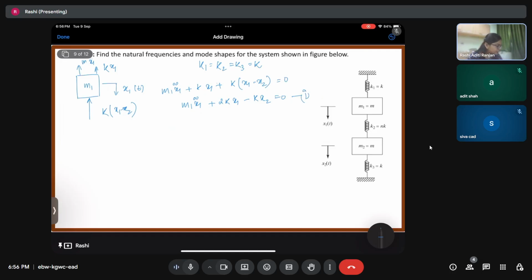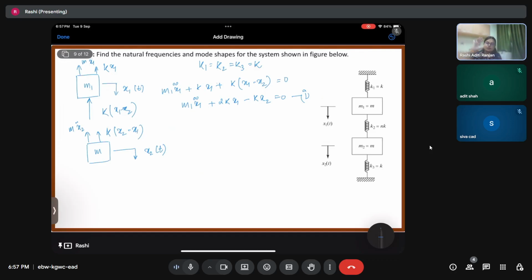Force balance for the second one, m2. It is getting displaced in this direction, so inertia force m2 x2 double dot, then a spring force which will be k (x2 minus x1).